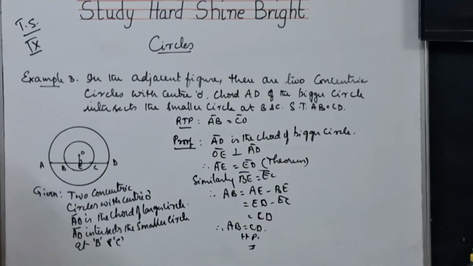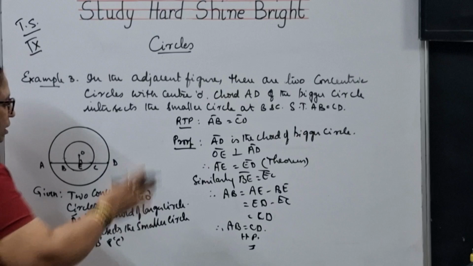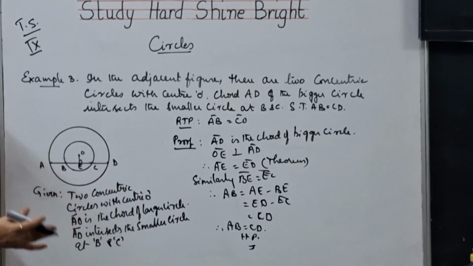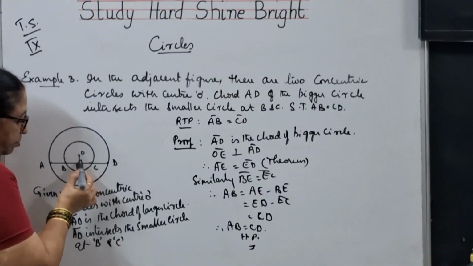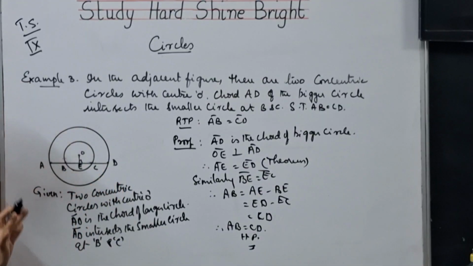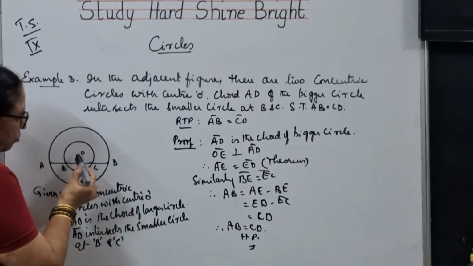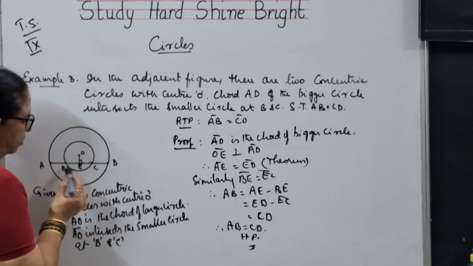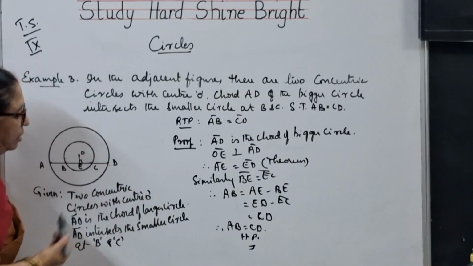Because in the earlier class, before construction, I have taught you the theorem, children. The perpendicular drawn to the chord bisects the chord. Basing on that theorem only we are doing. OE is perpendicular to AD, so AE will be equal to ED.